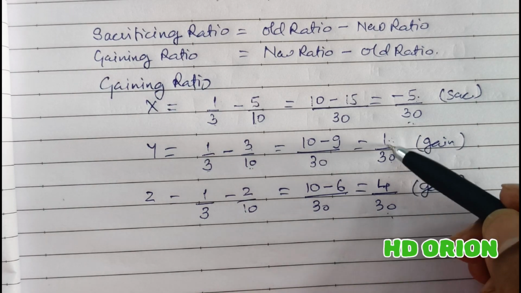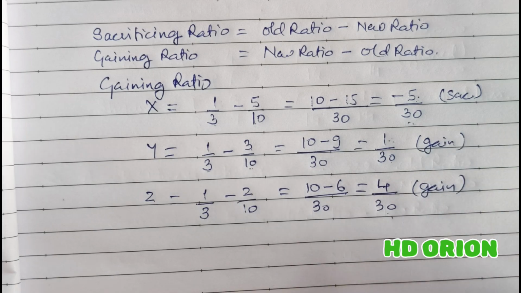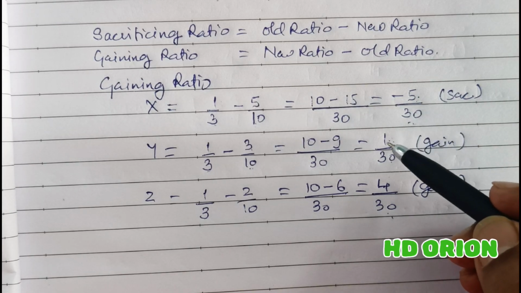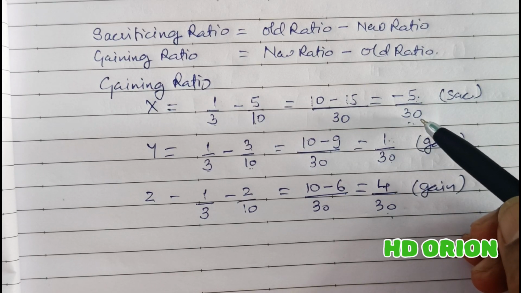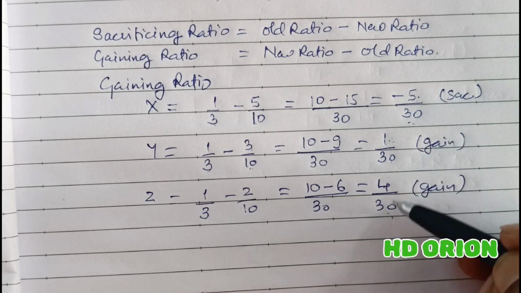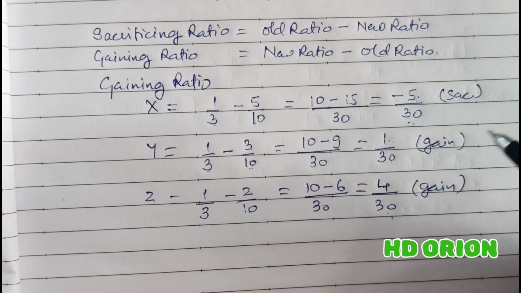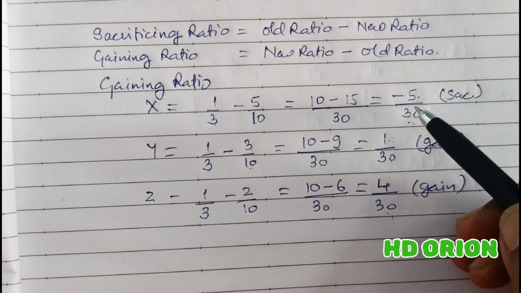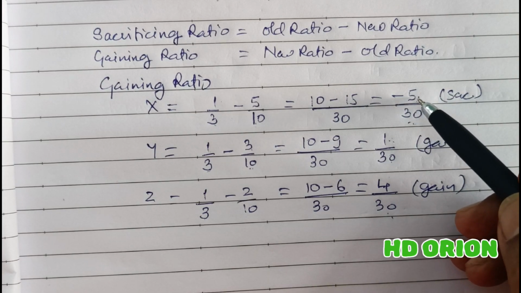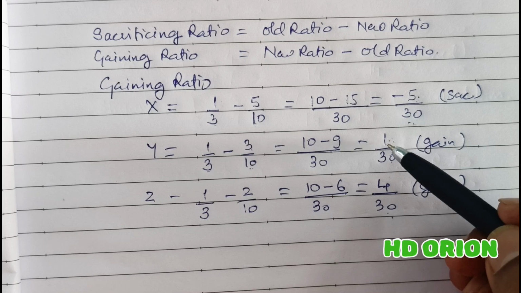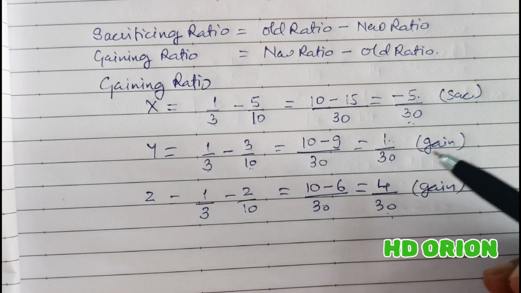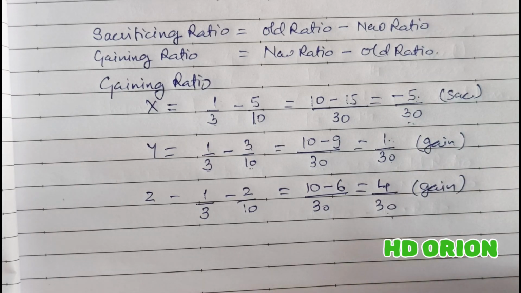If you do not get equal, then your answer is wrong, meaning you have gone wrong somewhere in your calculation. But you can compare by the numerator only after seeing the denominator. If it is the same number, then only the numerators can be compared. Like here, it is minus 5 in the numerator and 1 plus 4, positive 5, in the numerator. So the portion of profit sacrificed is equal to the portion of profit gained by the partners.